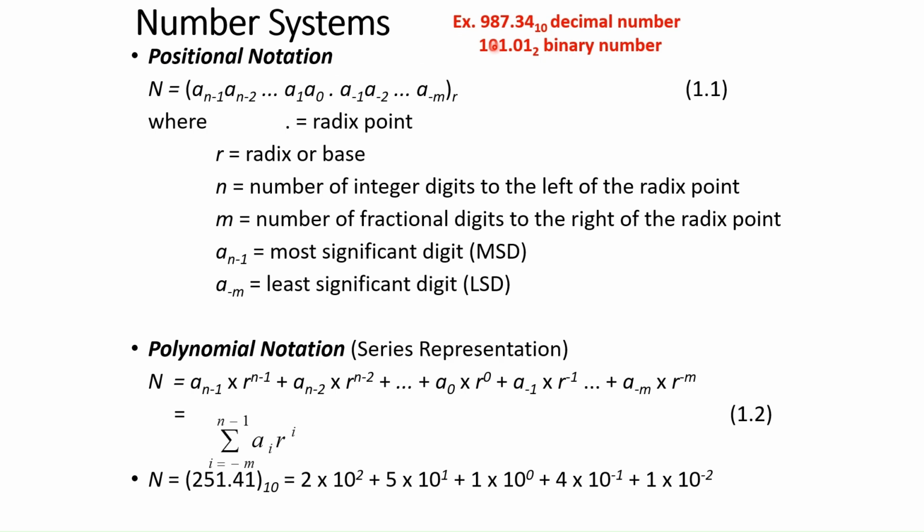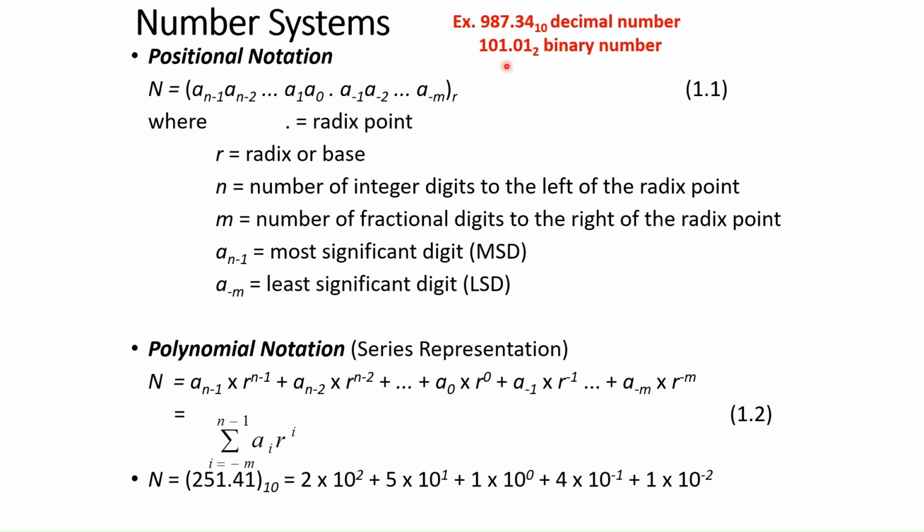For example, a decimal number is represented as 987.34 with a subscript 10. This subscript 10 means it is a decimal number, and in this number system there are 10 unique digits: 0, 1, 2, 3, 4, 5, 6, 7, 8, 9.